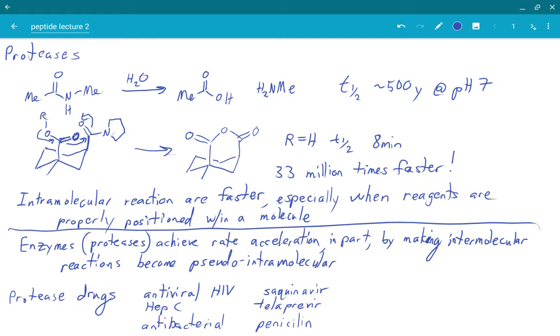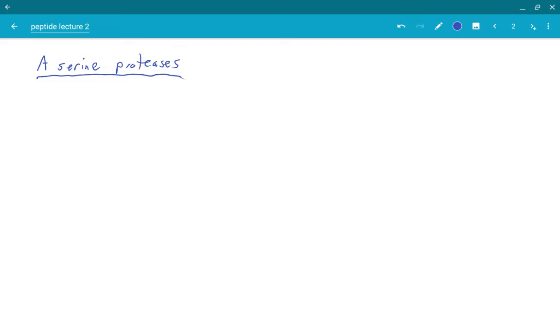And so penicillin and all of the latter-day variants thereof are all based on that model. So it's really useful to think about proteases. And we're going to talk primarily about one class called serine proteases that are maybe the most well-studied drug target enzymes.